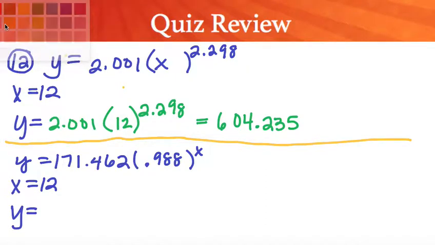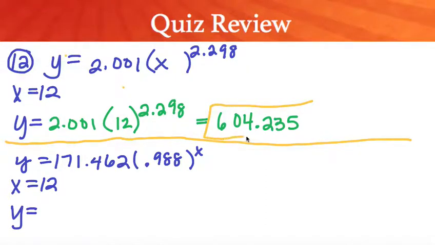Okay, and that's your answer. But you have to make sure that you do this 12 to the exponent first, and then you multiply times the 2.001. Okay? All right, so let's do it again.